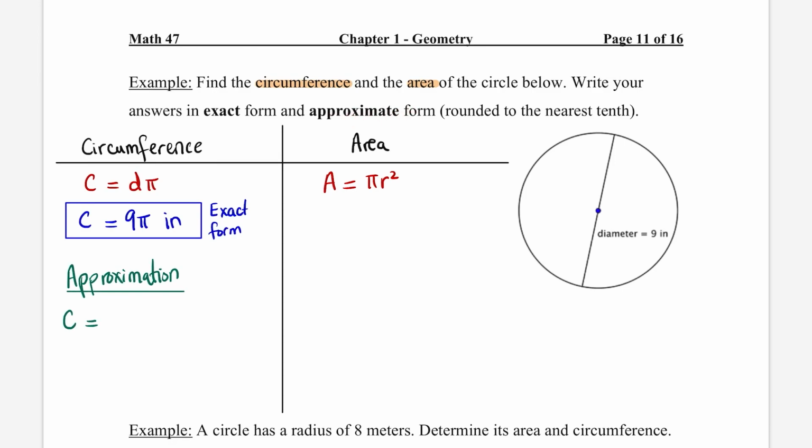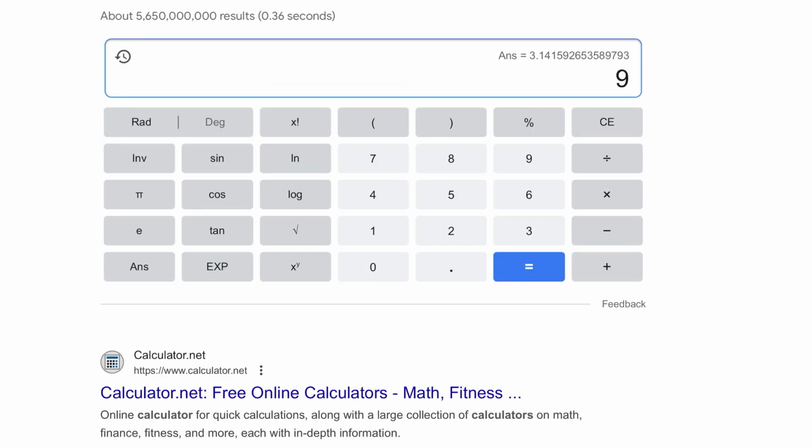So to find the approximation, I take 9 times pi. Now, I use the pi key in the calculator for more accurate answer. Please do not use 3.14. Only use 3.14 if there's an instruction in the problem saying use pi as 3.14.